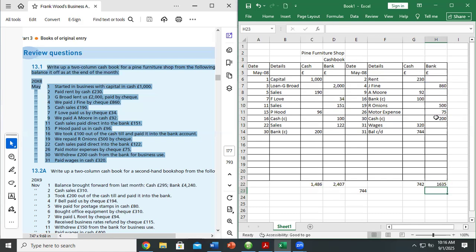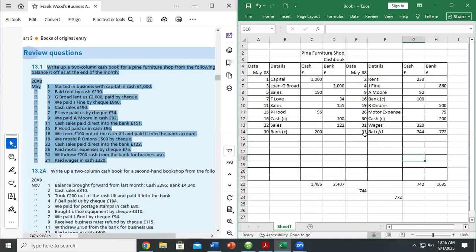That's 1,635. So again, the balance carried down for the bank will be also at the credit side. Let's check the difference. The difference is 2,407 minus 1,635. That's 772. So these are the balances.